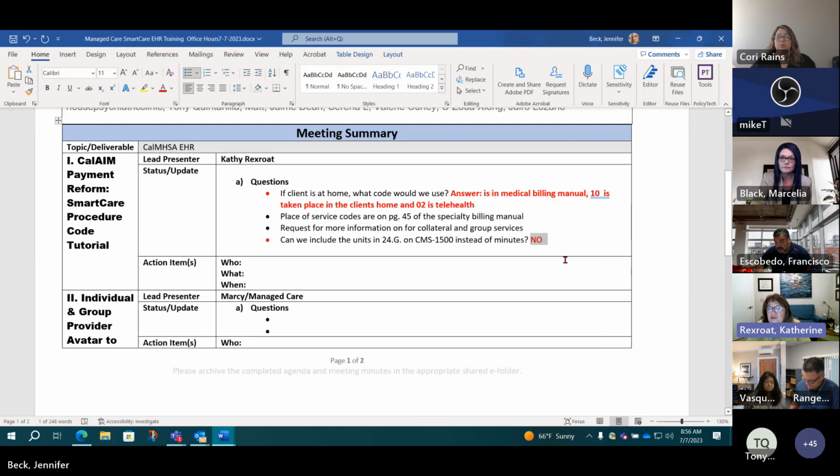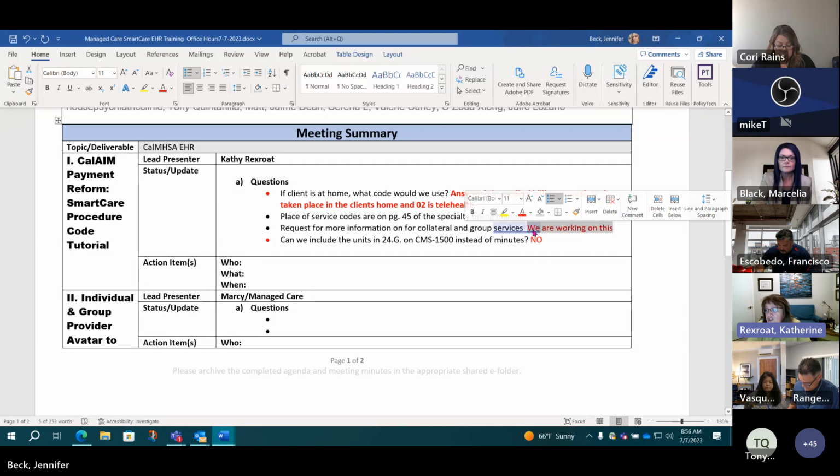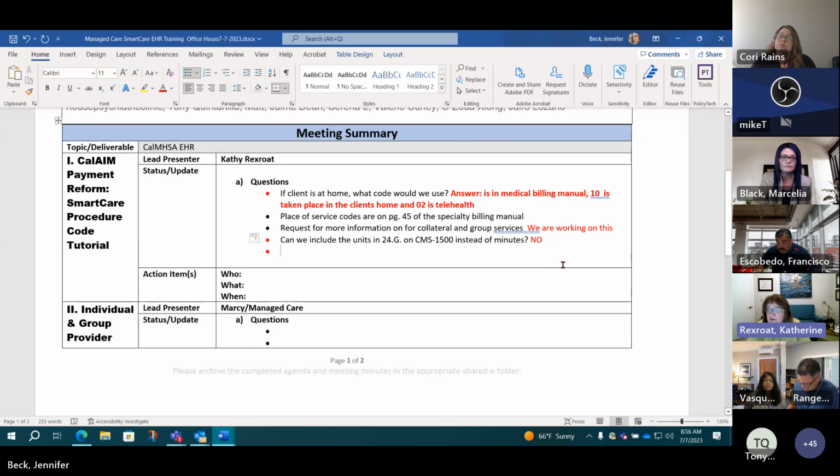During a medical records audit, we would also be looking to see if the units of direct service time that you entered in 24G match the direct service minutes claimed on your progress note.